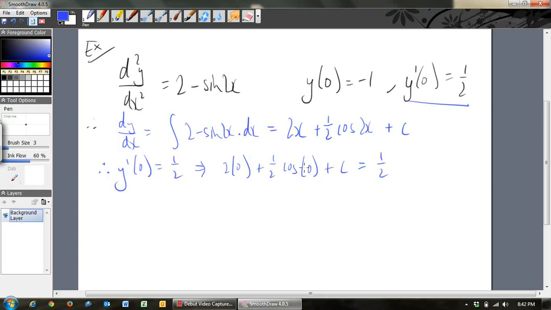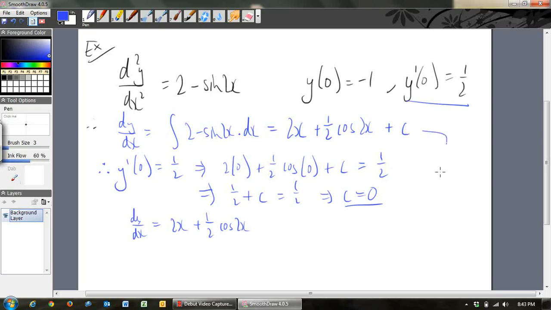Cos of 0, that's 1. Therefore, we've got half plus c equals half, which tells us that c is equal to 0. That's a bit boring. Never mind. So therefore, we have dy/dx is equal to 2x plus half cos 2x.